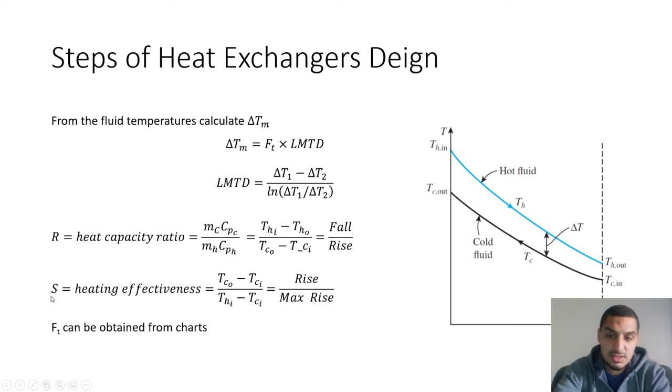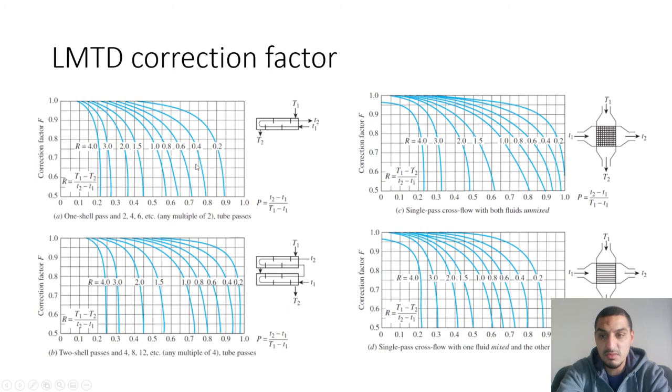And S is the heating effectiveness, which is the rise, the increase in the temperature of the cold fluid, divided by the maximum rise that could be achieved, which is a very theoretical case when the exit temperature of the cold fluid is the inlet temperature of the hot fluid. So this is the rise divided by the maximum rise. And from these two values, we can get the correction factor from the charts. So the x-axis here is the S, and in this reference it was called P, but it's S actually.